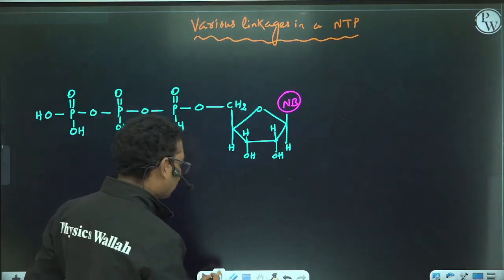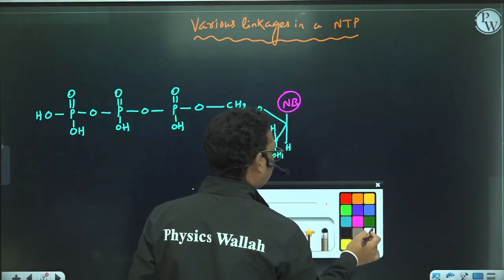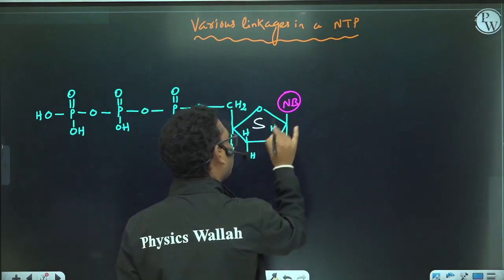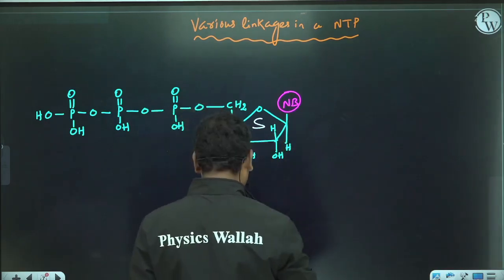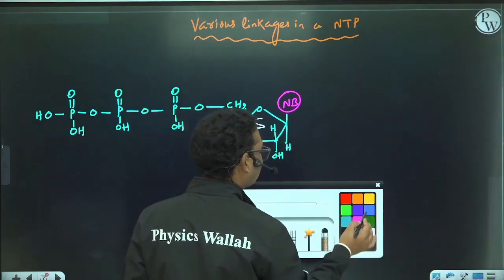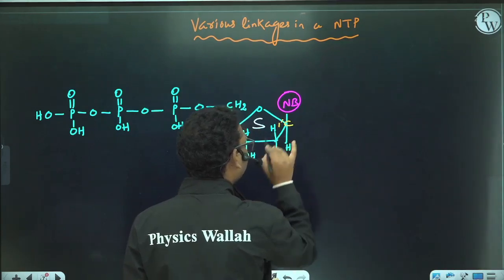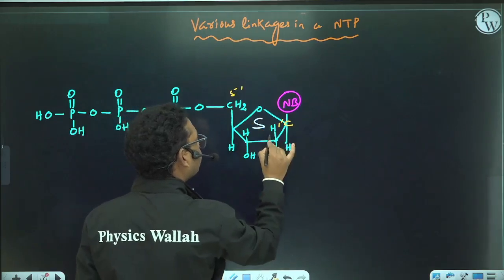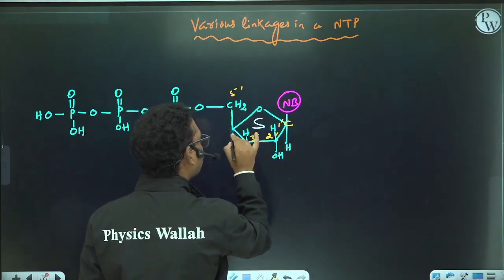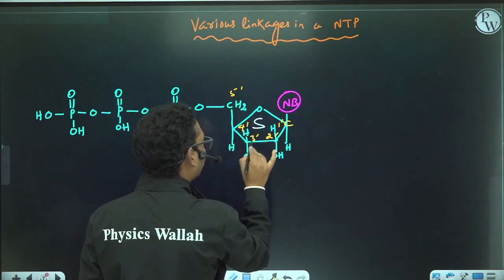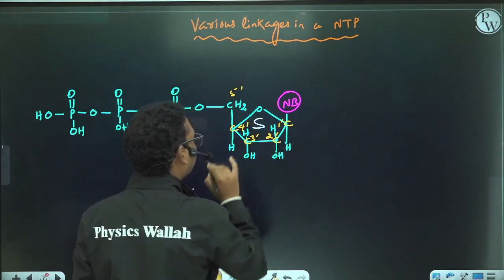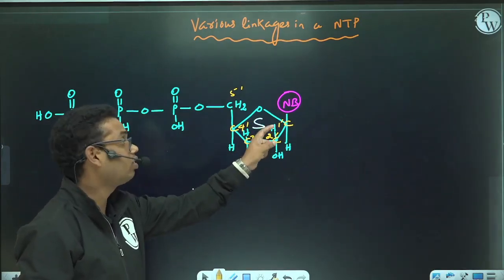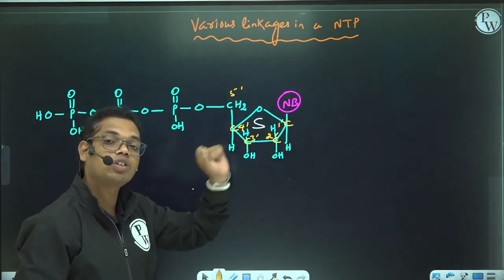This is the 1' carbon, and this is the 5' carbon, right? This is the 2' carbon, this is the 3' carbon, this is the 4' carbon. So the 1' carbon of this sugar is associated with the nitrogen of this nitrogenous base.